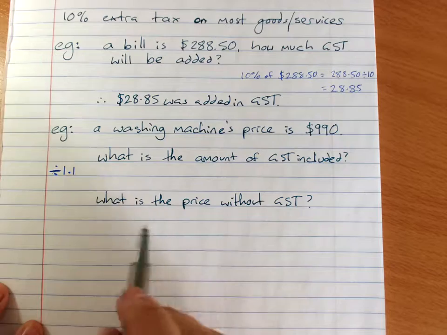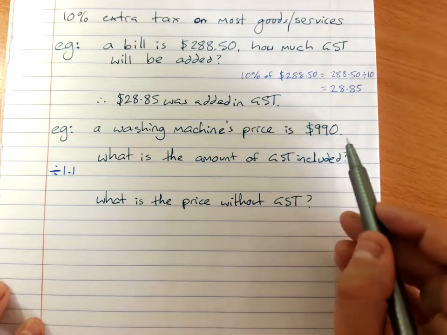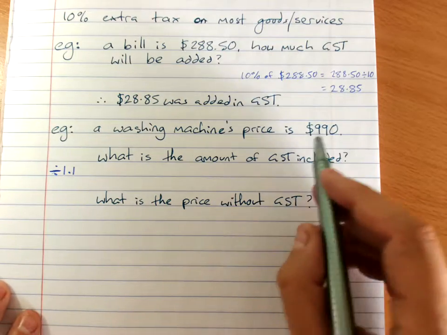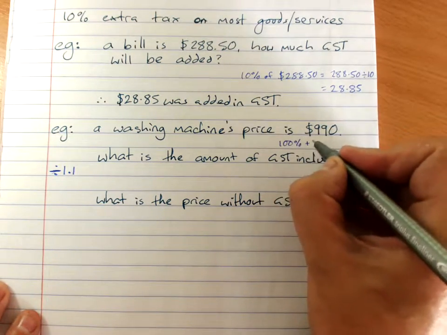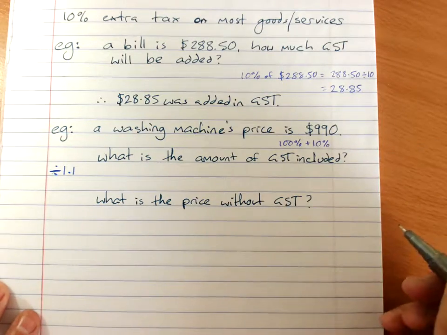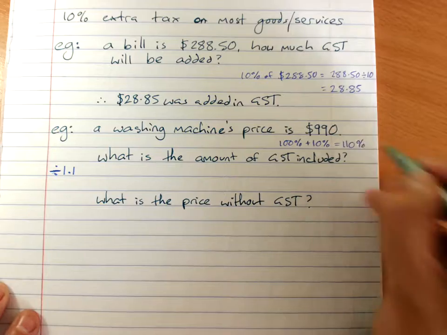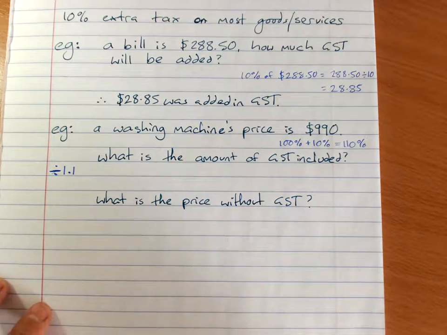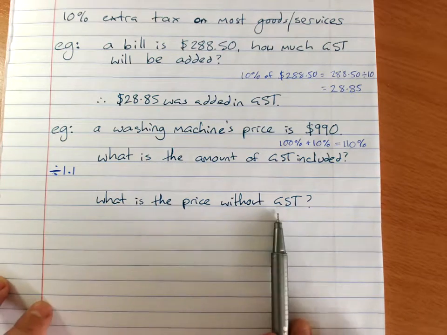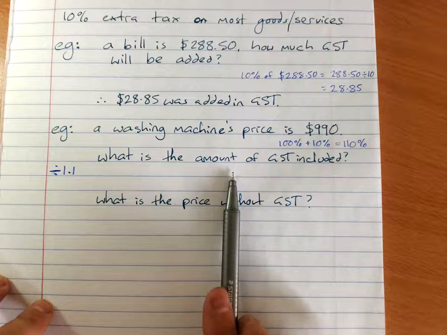So, because my price, as I said yesterday, is 100% of the price plus the 10% of GST. So this amount is 110%. I want to find out what 100% was for the price without GST, and then what that GST was.